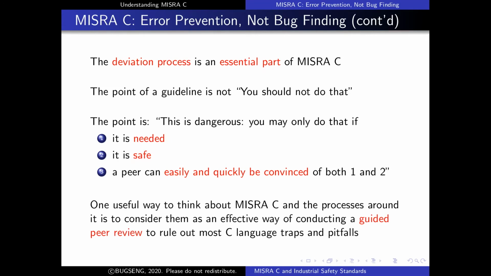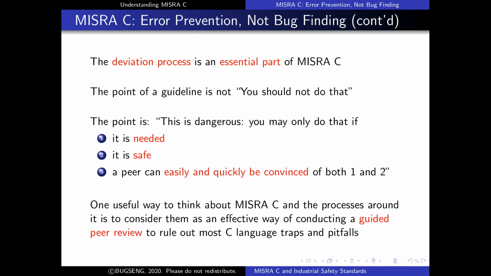So one useful way to think about MISRA C and the processes that are around it is to consider them as an effective way of conducting a guided peer review. Okay, in an ordinary peer review, you would be sitting with your colleagues and you would be pointing fingers to the screen and you would ask questions. Are you sure here we are protected against this possibility?